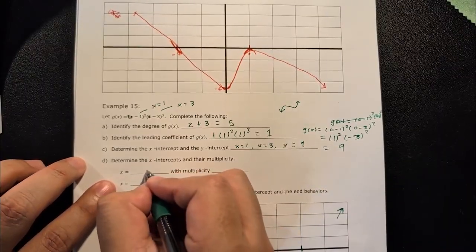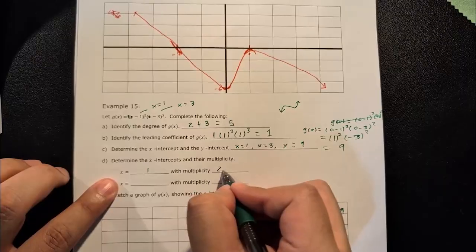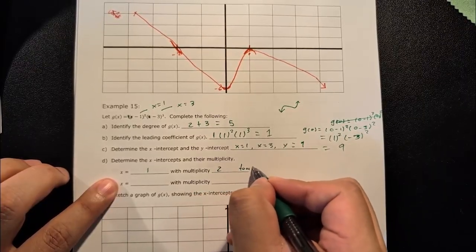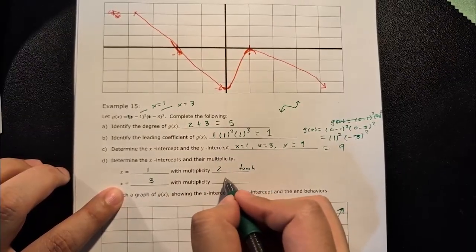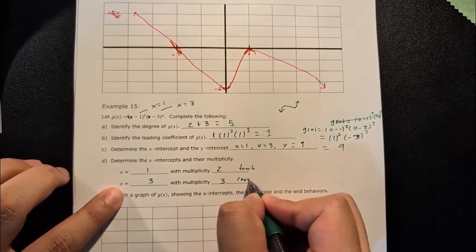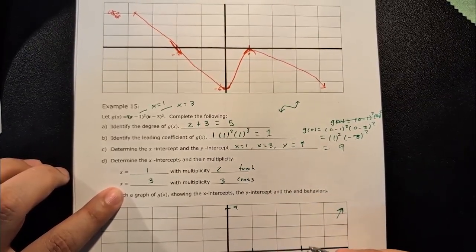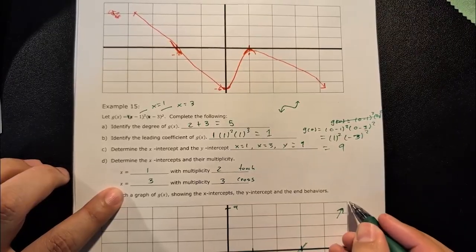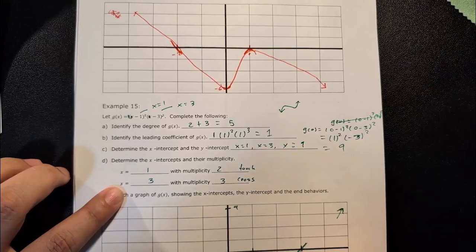So at x equals 1, we have a multiplicity of 2, so it's going to touch. And at 3, we have a multiplicity of 3, so it's going to cross. Since it's coming from the top right, it's going to have to cross and go down.